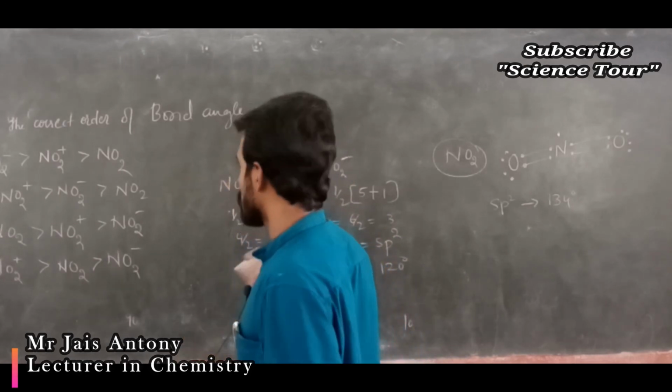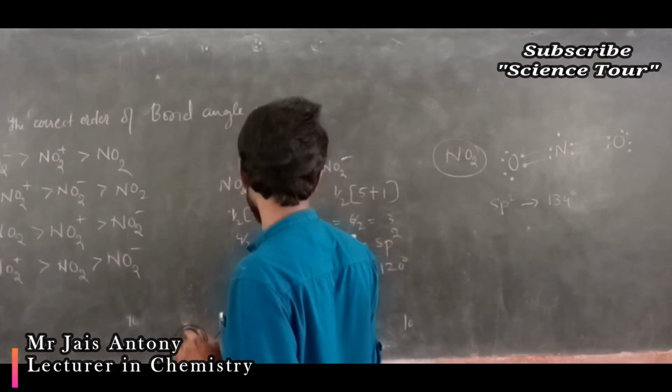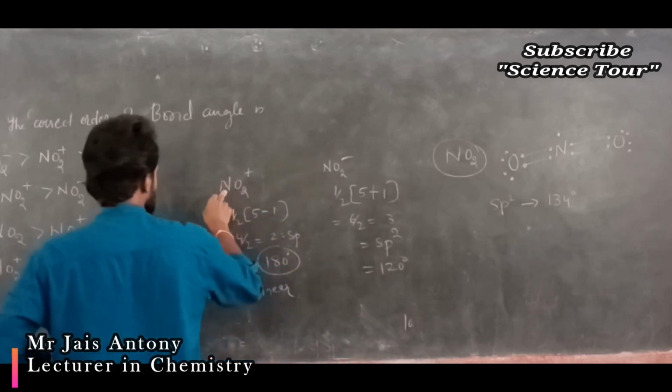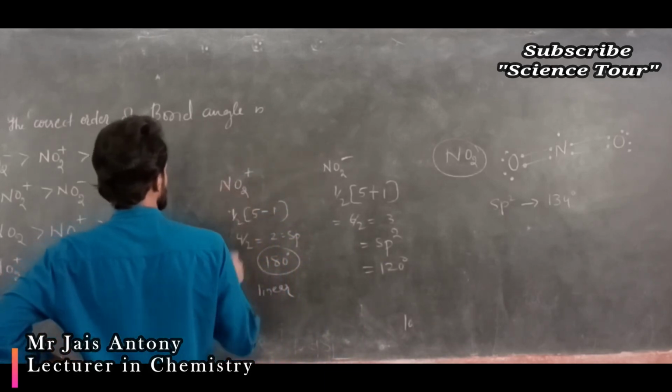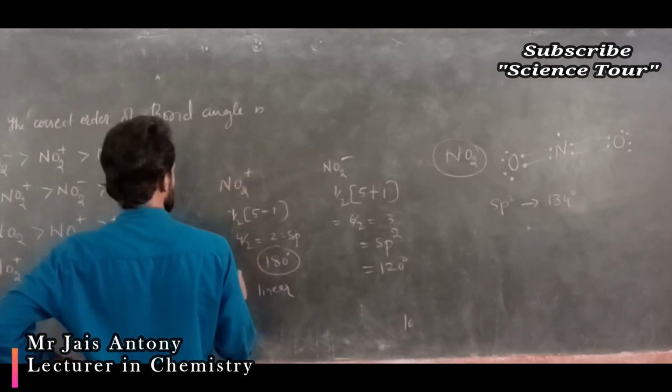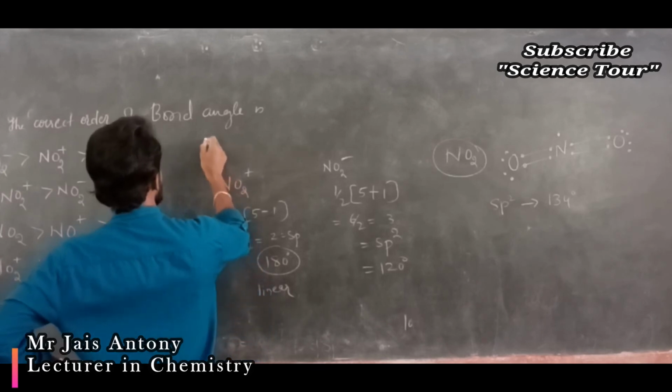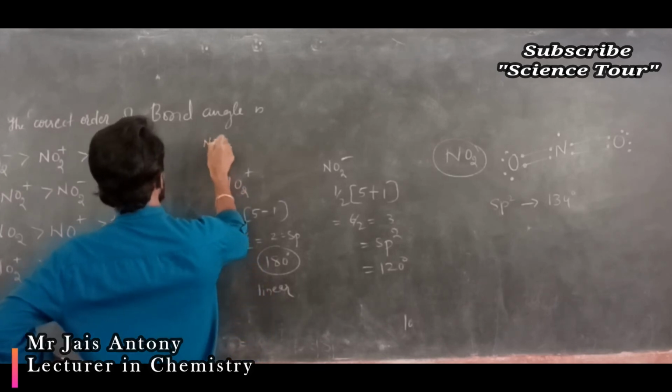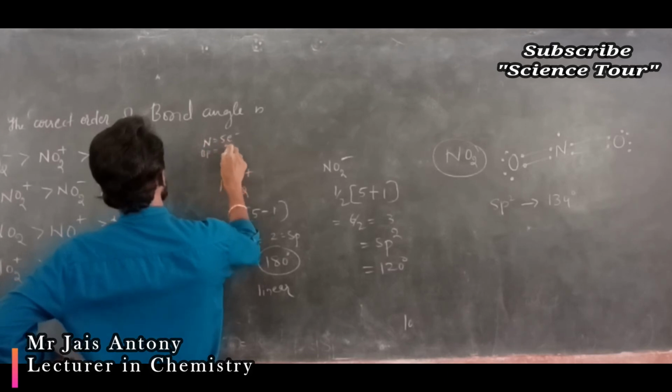So why it is like this, for example, I will find the lone pair electrons in this one, my dear students. Lone pair and bond pair electrons: nitrogen has 5 electrons, bond pair is 2, that means 4 electrons are used, 1 electron is removed.